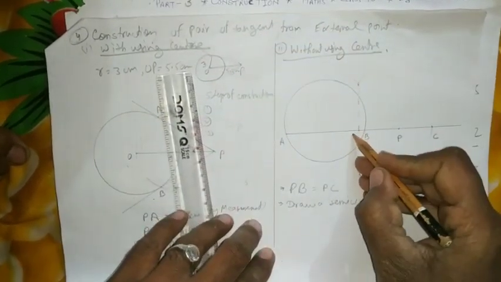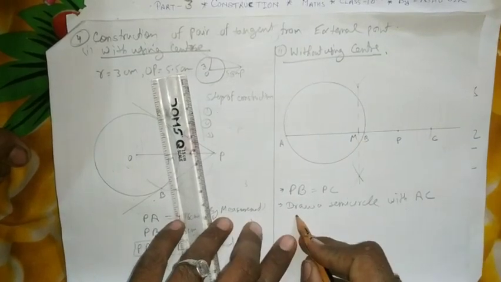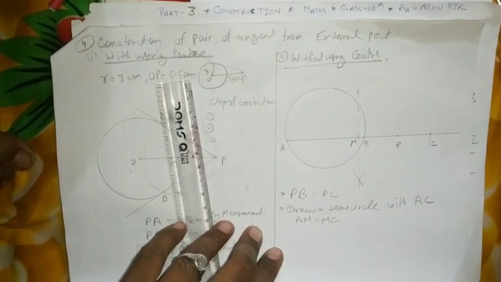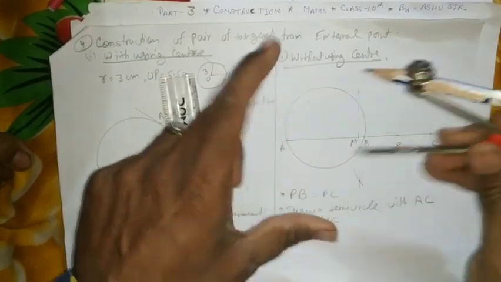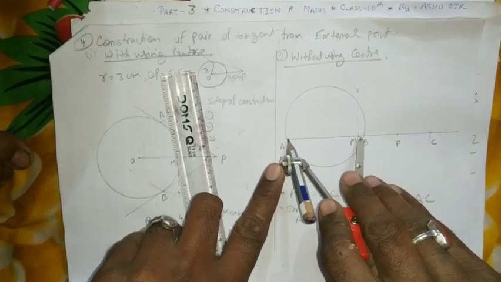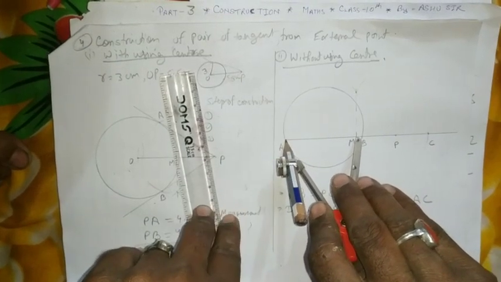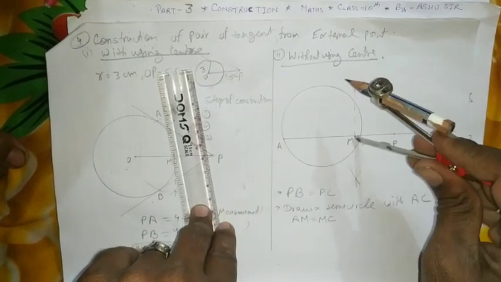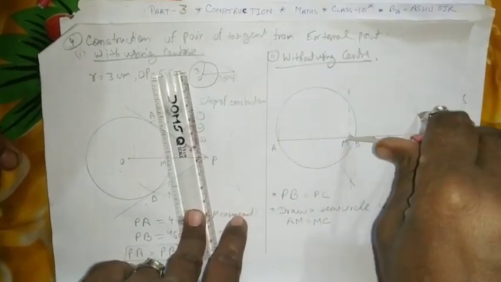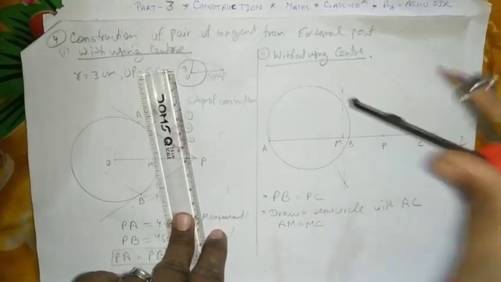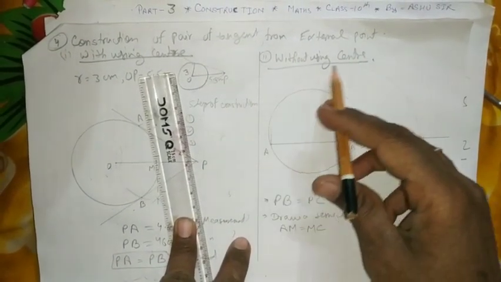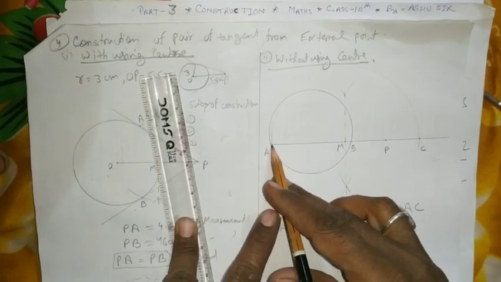This is the midpoint, meaning AM is equal to MC. Then take M as a center and MA as a radius, draw a semicircle. Since M is the midpoint, the semicircle meets at A and C both.